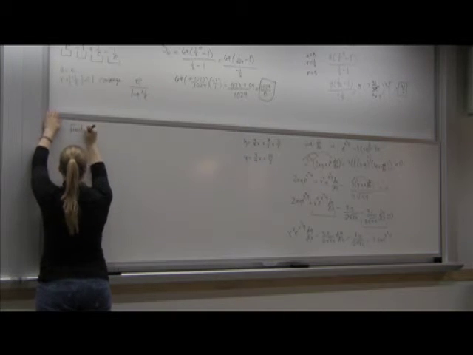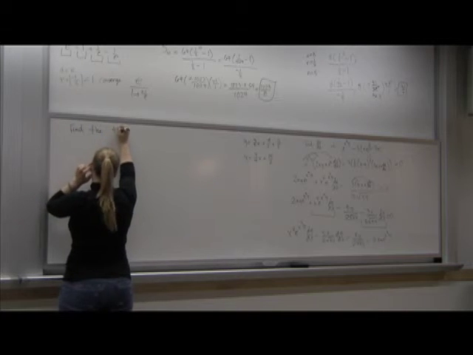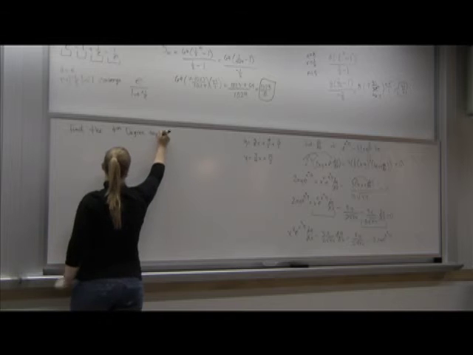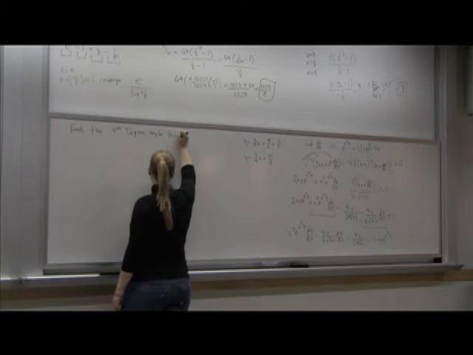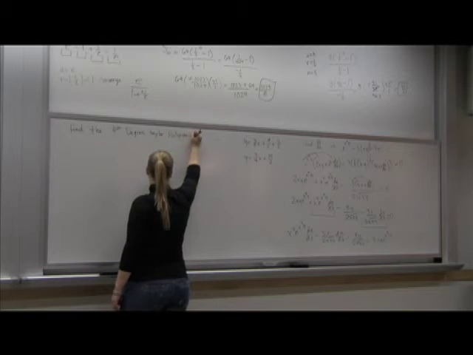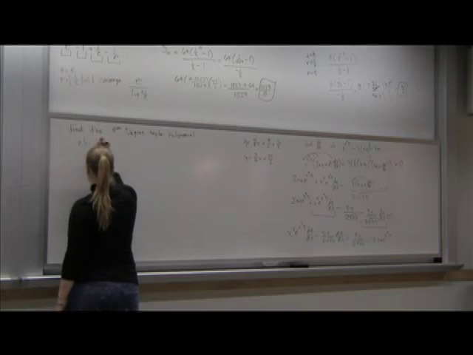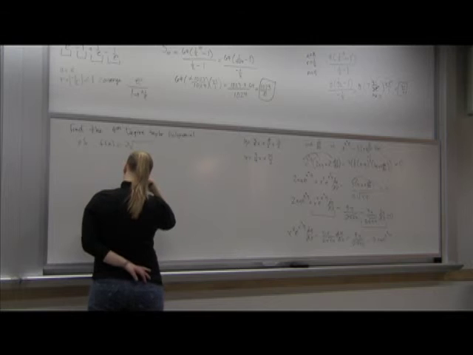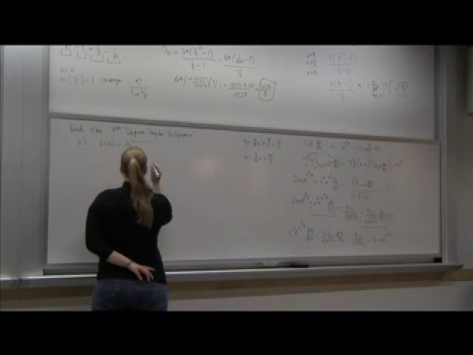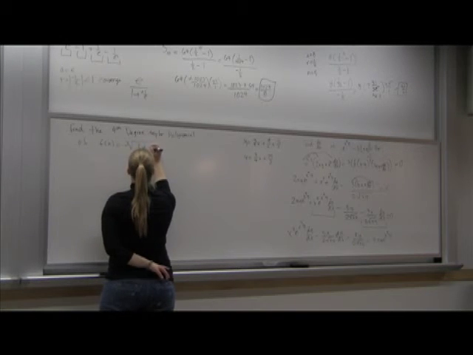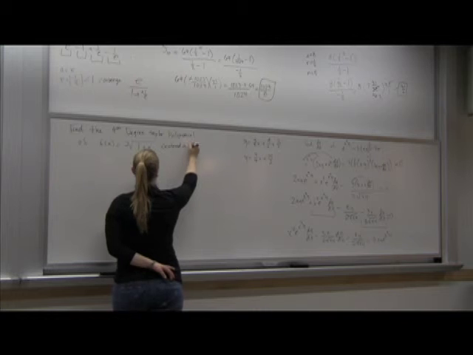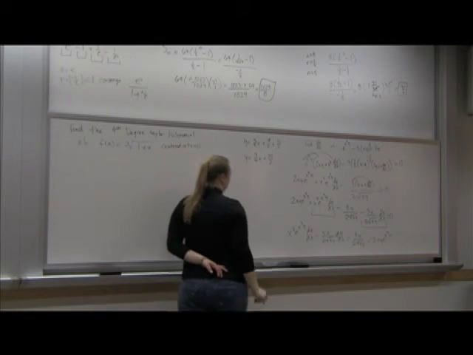Find the 4th degree Taylor polynomial of f of x equals the cubic root of 1 plus x, centered at x equals 0.